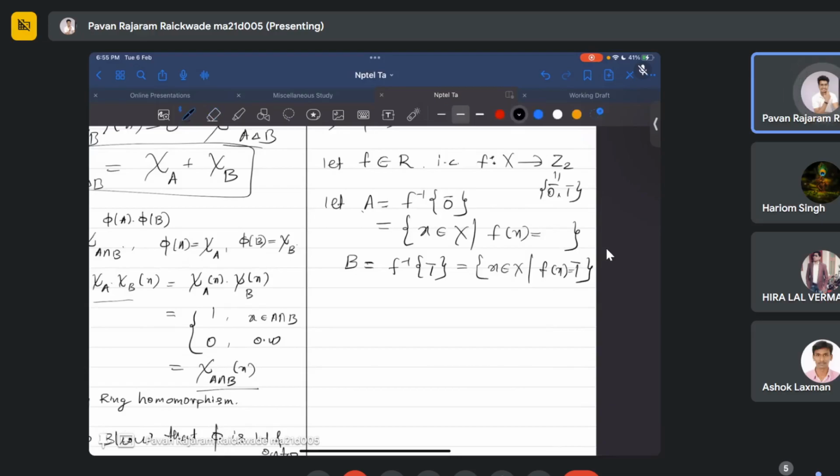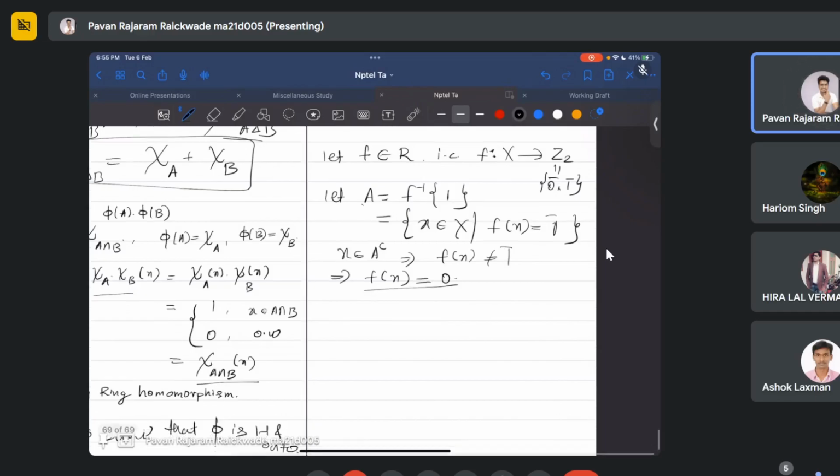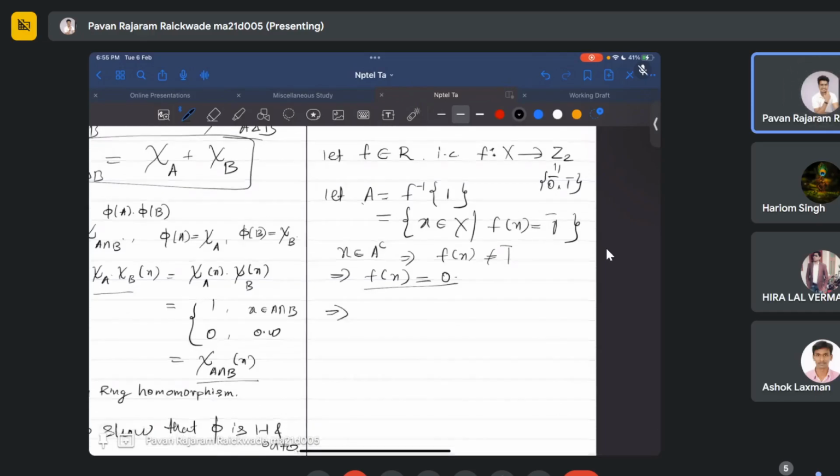Suppose I call A as f inverse of 1, then what is the complement? If x belongs to A complement, it implies f(x) is not 1, but the only other possibility f has is that f(x) has to be 0. That means f is the characteristic function of A. You take any element x: if it is in A, then f(x) is 1, and if it is not in A, then f(x) is 0. That's all.